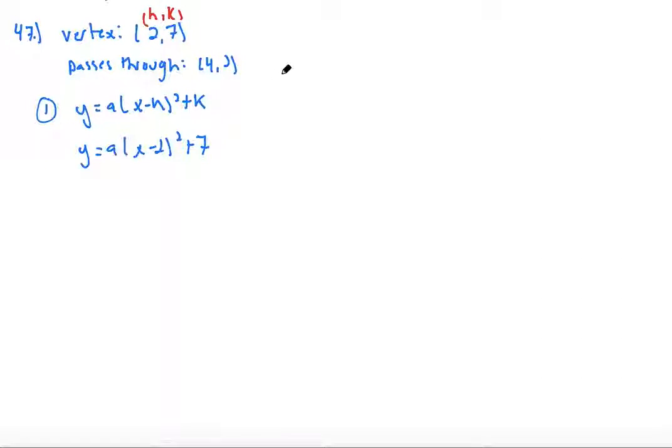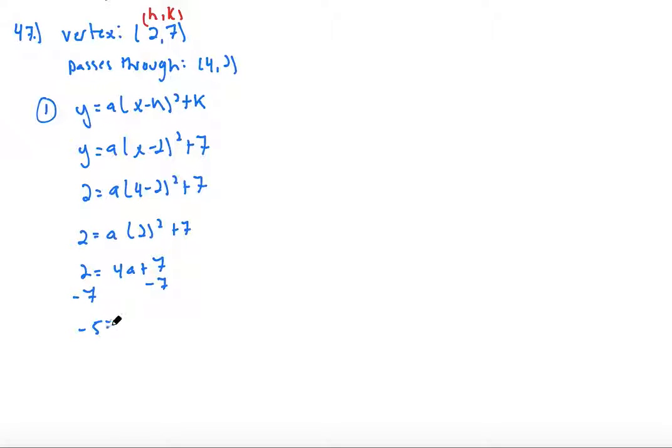To solve for a, we're simply going to use the additional point that's given to us. So we have 2 equals a times the quantity 4 minus 2 squared plus 7. Order of operations, so we have a times the quantity 2 squared plus 7. 2 equals 4a plus 7. I'm going to subtract 7 from both sides.